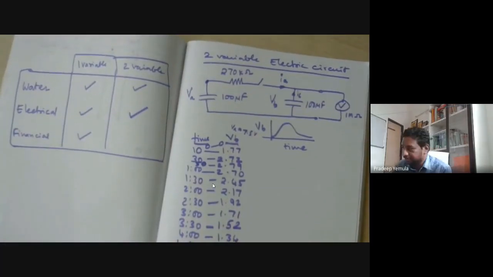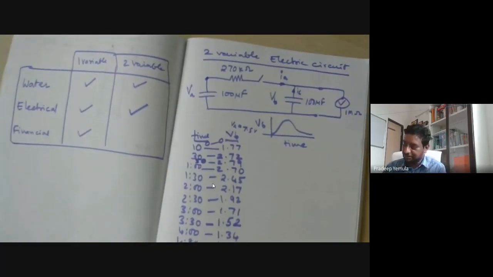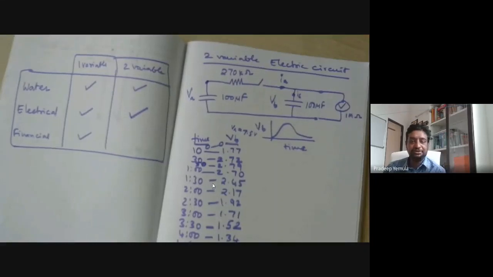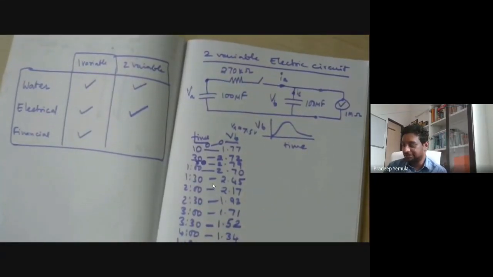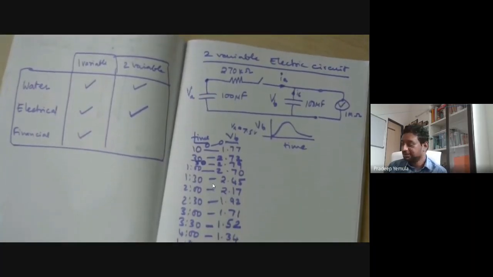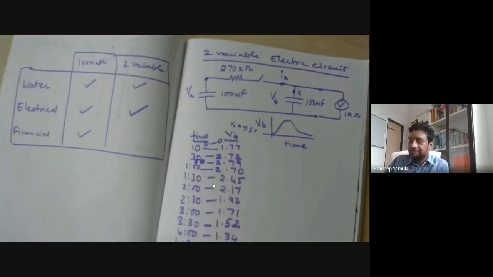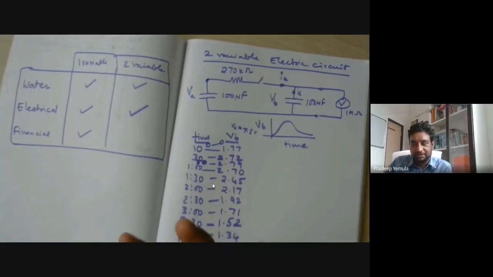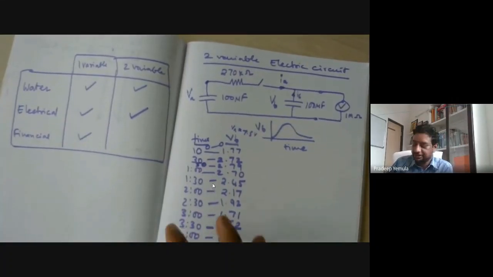I hope you are able to follow. See, these things are not new. If you look at any basic electrical engineering course, these topics are already covered, like transient analysis of DC circuits. But where we are now doing it differently is we are taking a small circuit and experimenting with it.